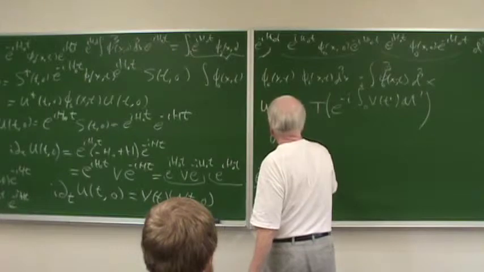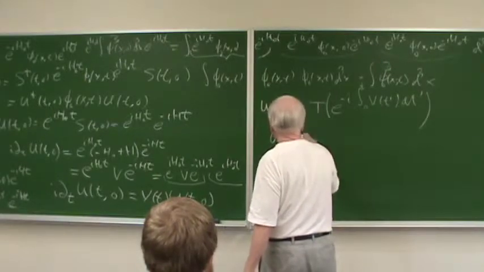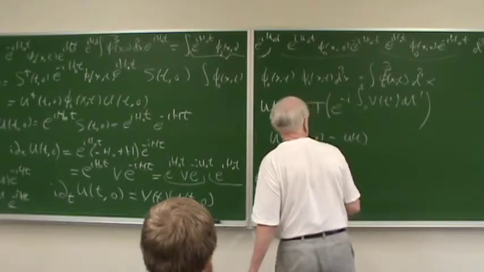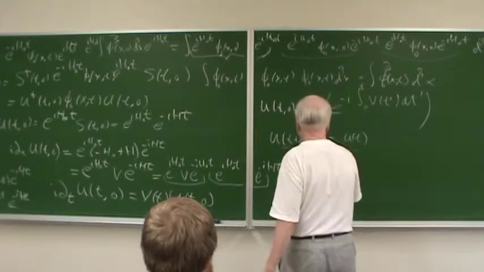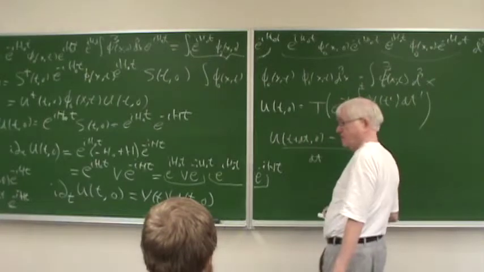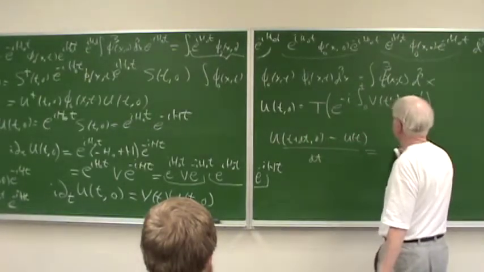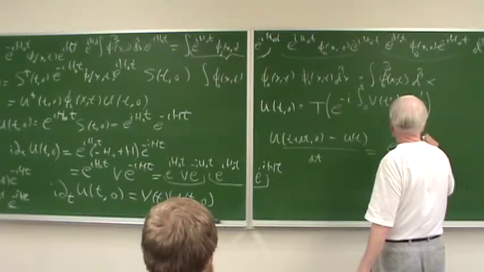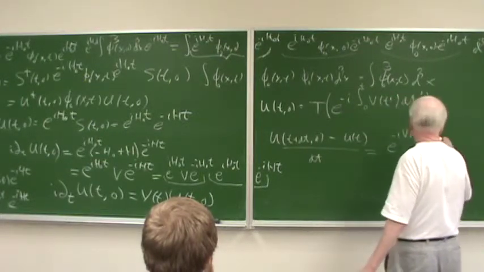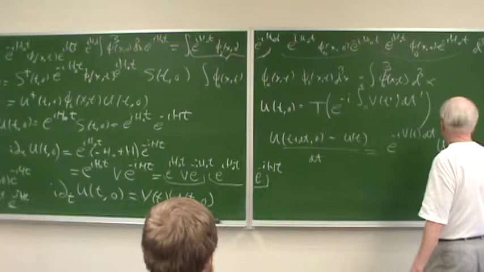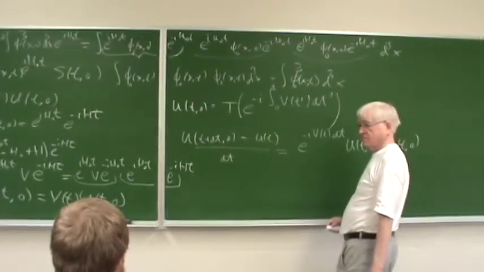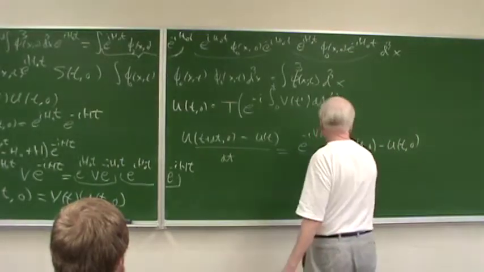Or to put it differently, u(t+dt,0) minus u(t,0) divided by dt is e to the minus i V(t) dt u(t,0) minus u(t,0), divided by dt.